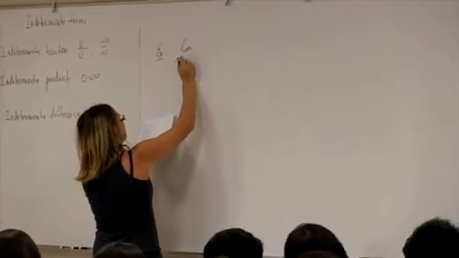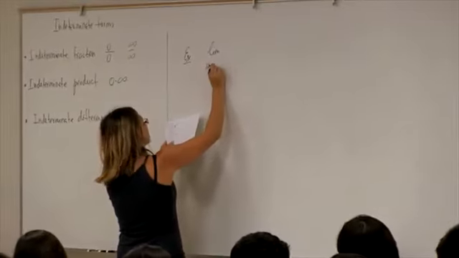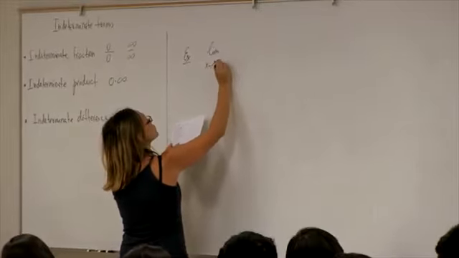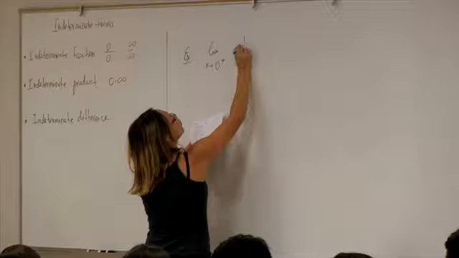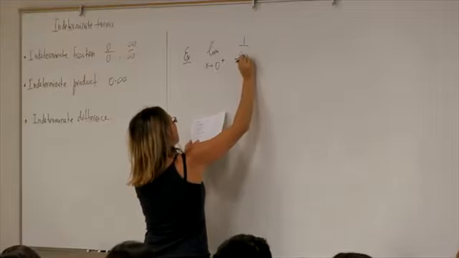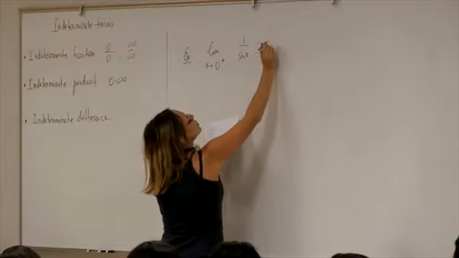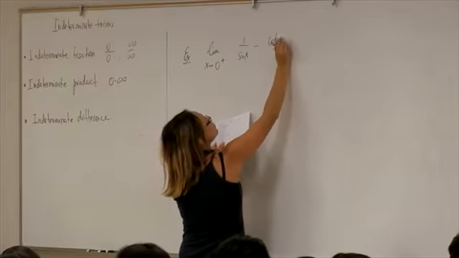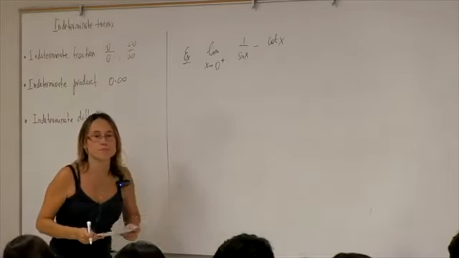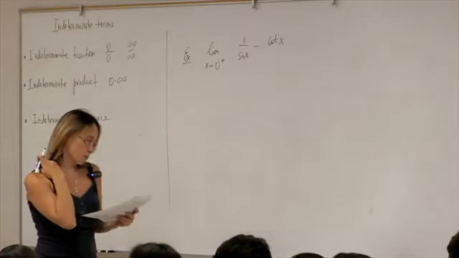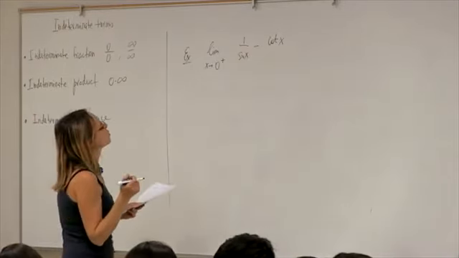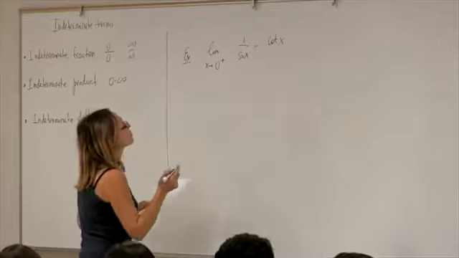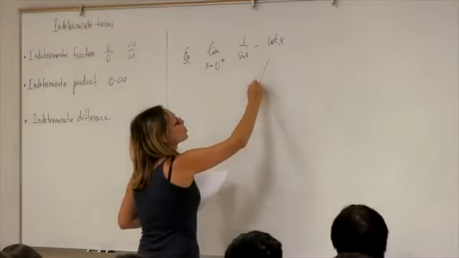The limit as x goes to 0 plus of 1 over sine x minus cotangent x. Okay. So first of all, do you remember what cotangent is?